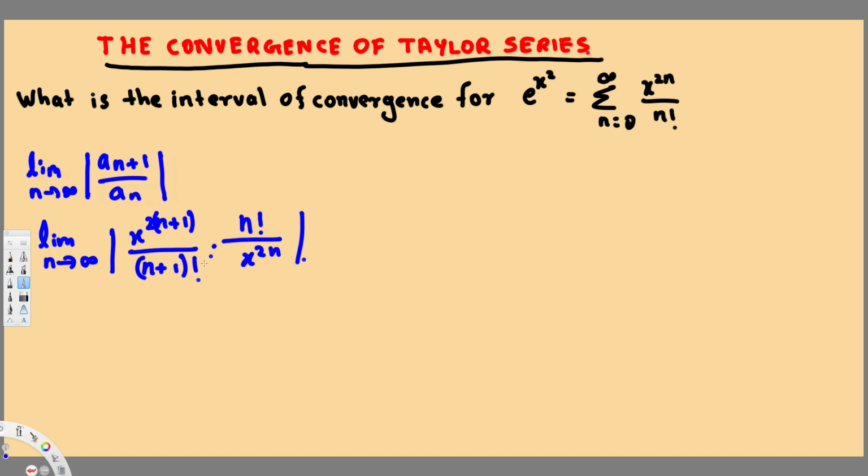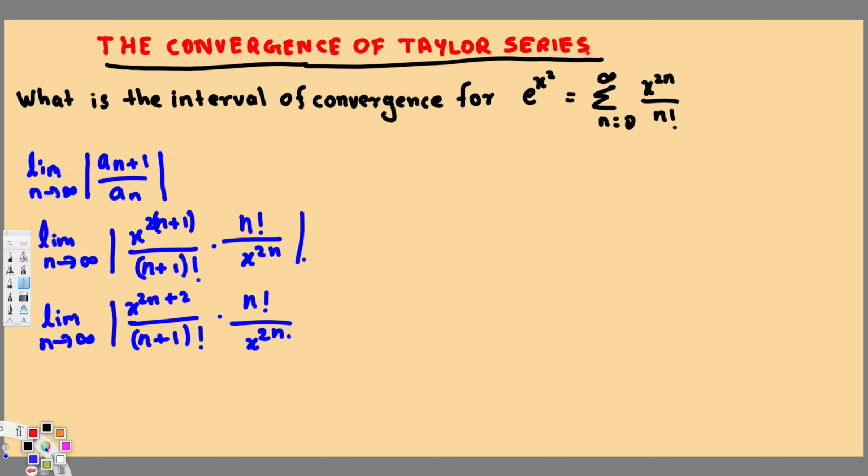So here we can expand this. This is going to be the limit as n approaches infinity of x power 2n plus 2, and in the denominator we have (n+1) factorial times n factorial over x power 2n.